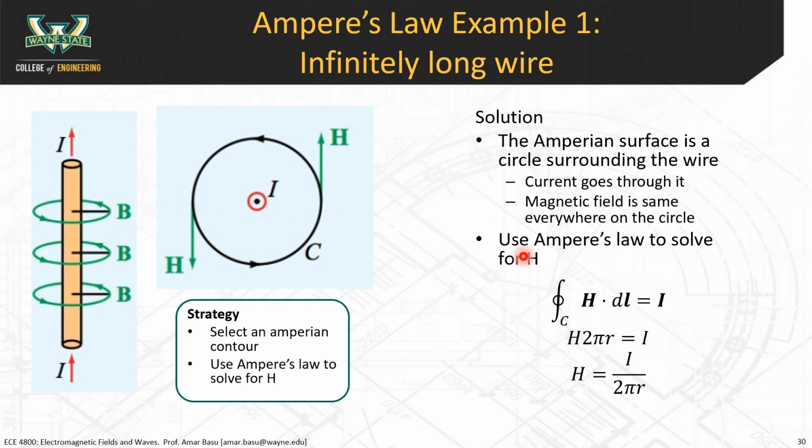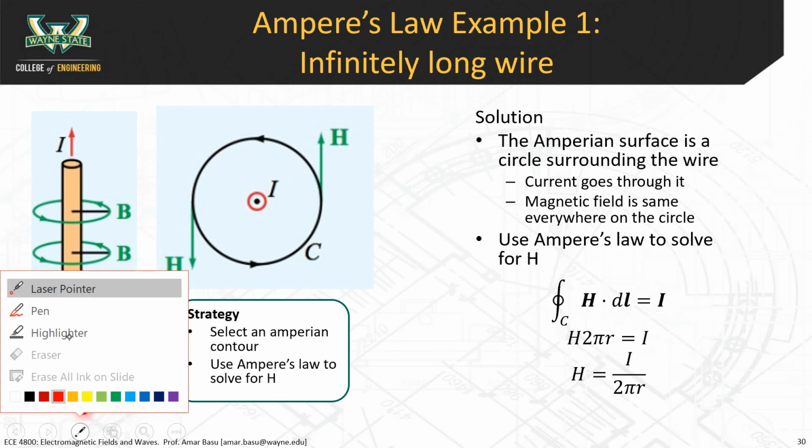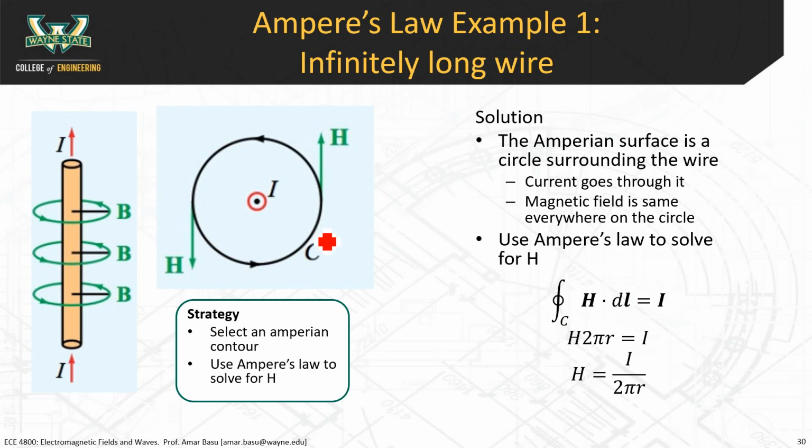So we set up Ampere's law like this. The integral in a closed contour of H dot dl is equal to I. This is the line integral of the magnetic field as we go around the contour.